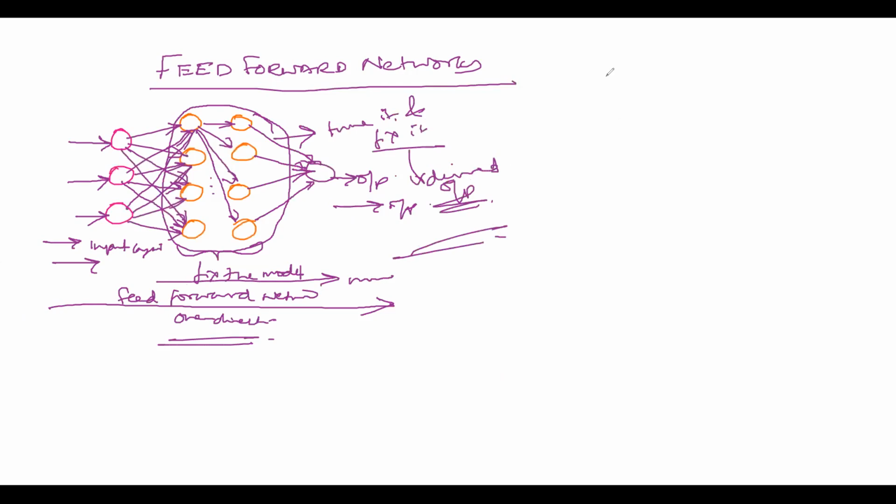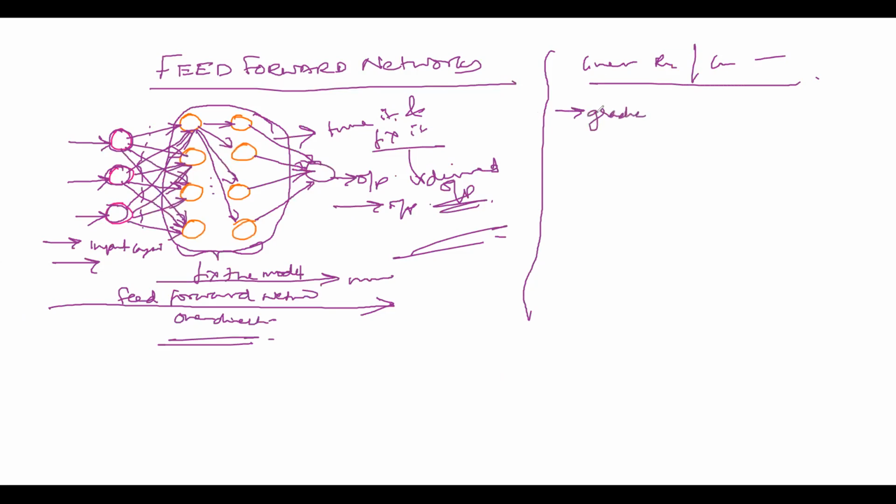Now try to remember how linear regression or logistic regression was happening. I assign weights randomly to these inputs and then go for gradient descent.